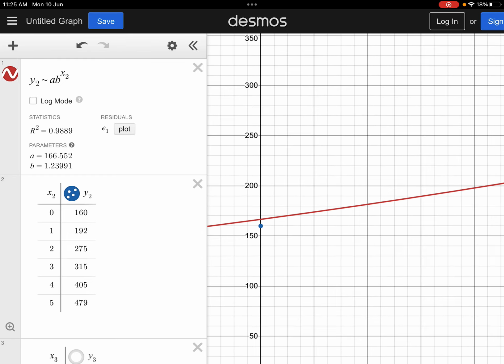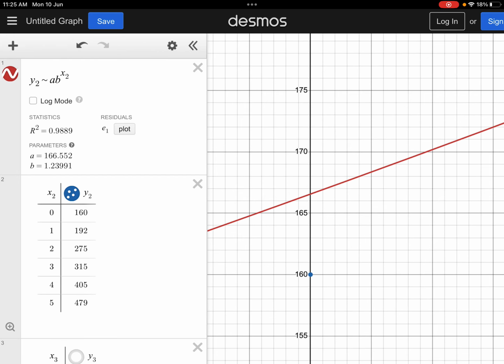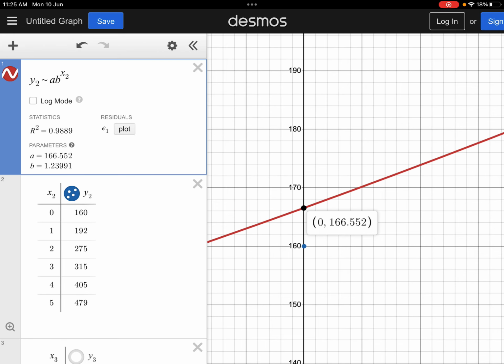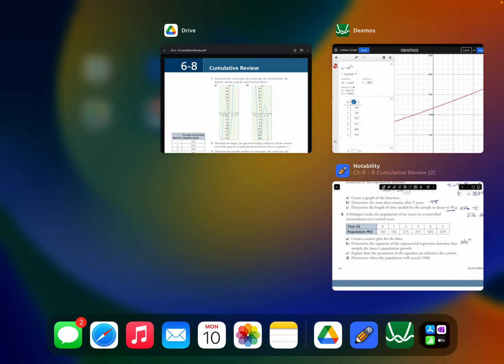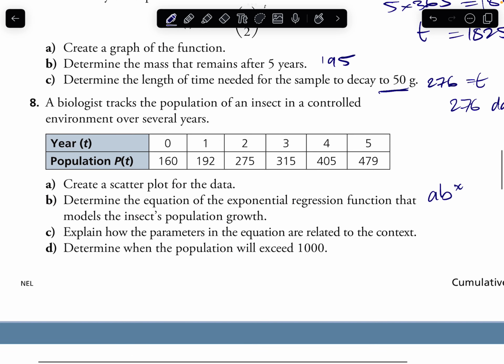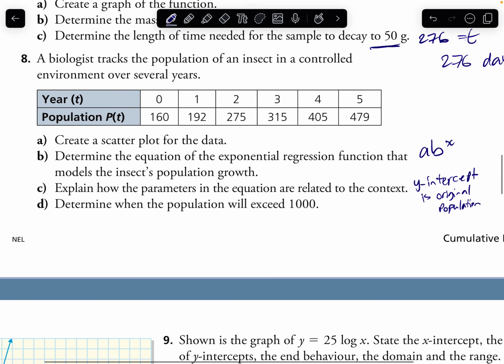But in our context, our start is actually at this point where x equals 0, that's the starting population. Yeah, so that's all there really is. So I'll just say y-intercept is original population. And parameters is just talking about the domain and range.